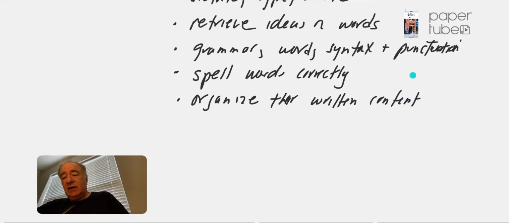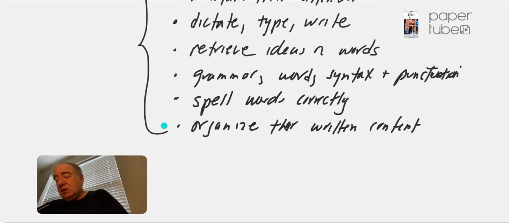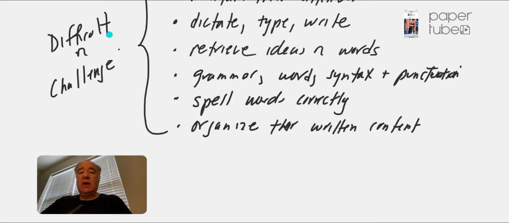So you can see that all these skills can be difficult or a challenge for many students. So let's take a look at maybe some ways that assistive technology could possibly help these students.